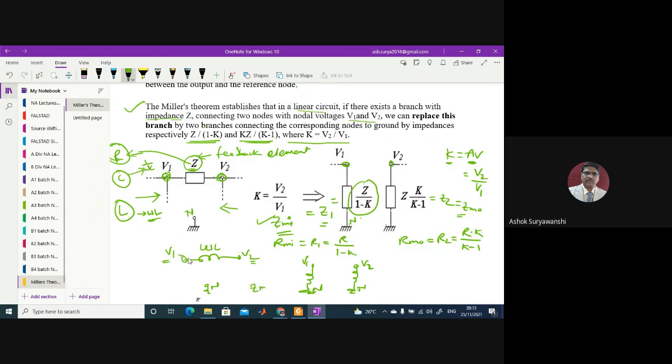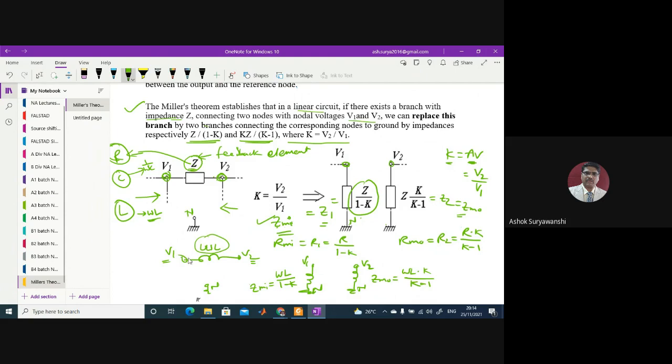Because it is a reactance, not inductance, omega L is the reactance of the inductor. So we can write ZMI equals omega L upon 1 minus K, and ZMO equals omega L into K upon K minus 1.